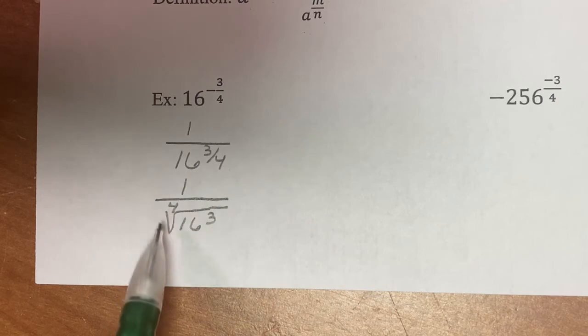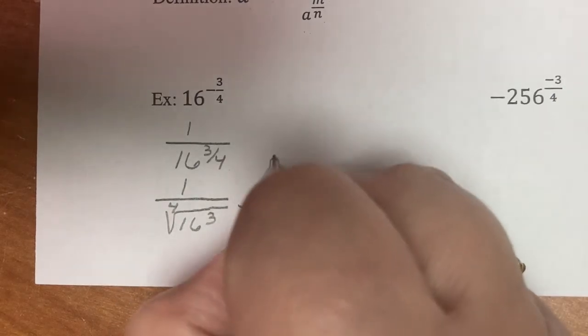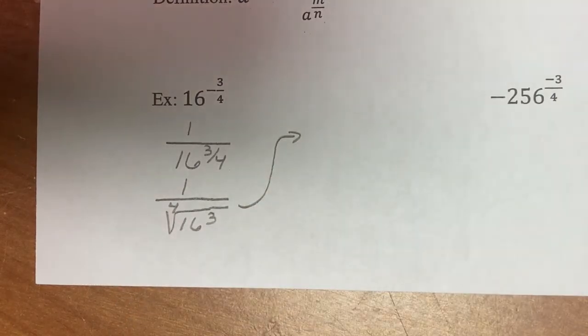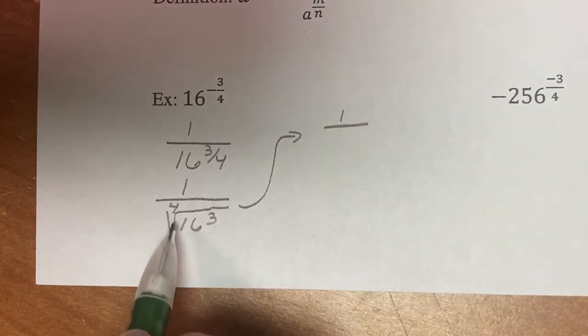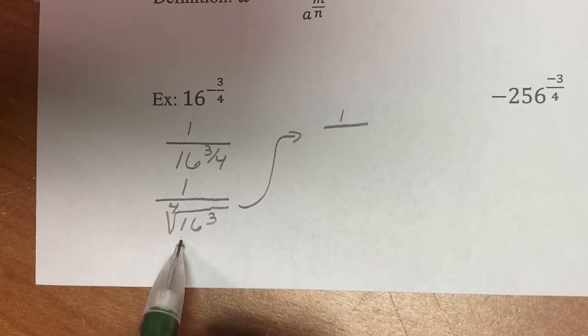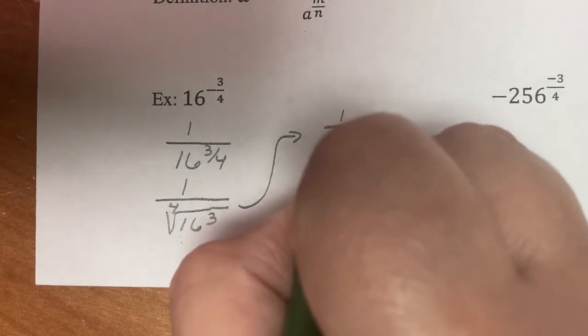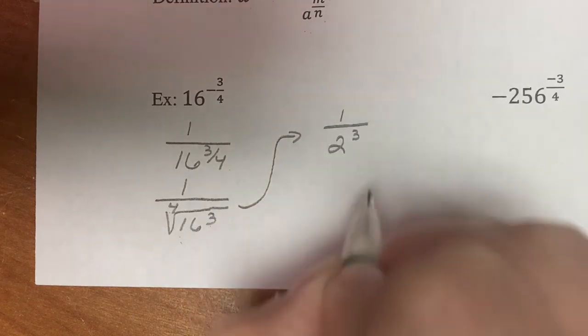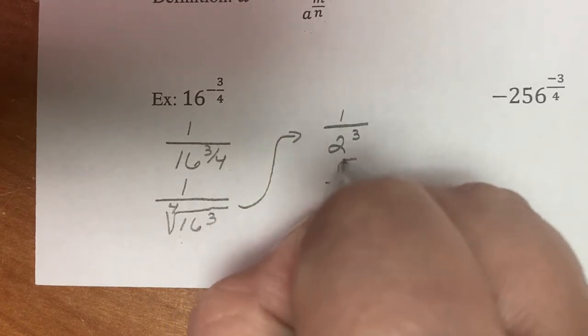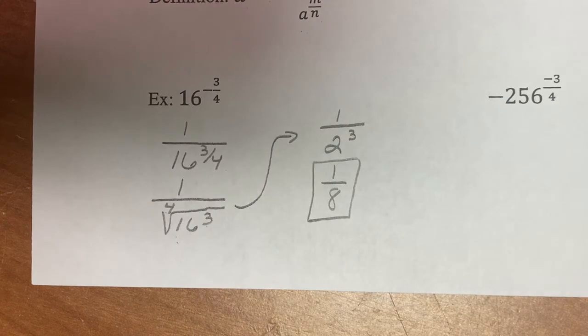Remember, the denominator is the index. Well, that's going to be 1 over, and I'm going to do the root first again. What's the 4th root of 16? The 4th root of 16 is 2, and I'm going to raise that to the third power, which is 1 over 8. So you might want to watch that a couple of times.